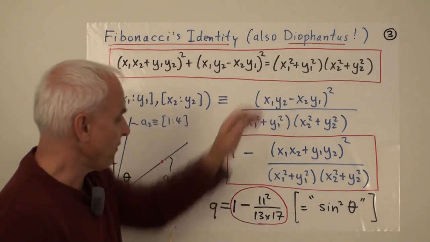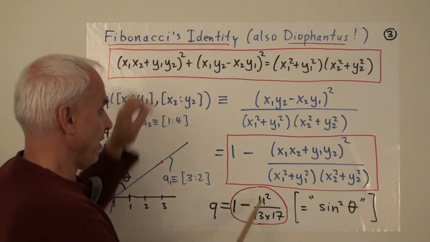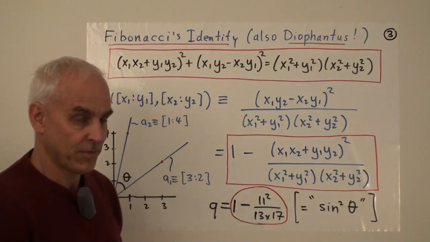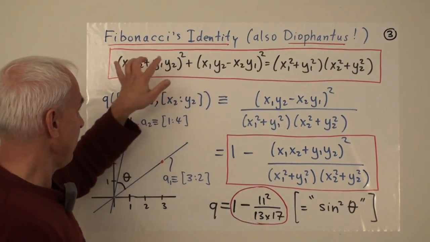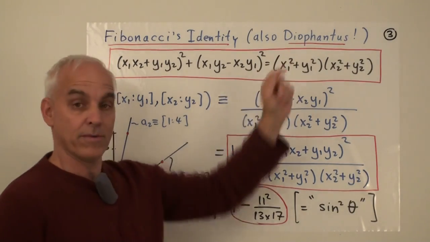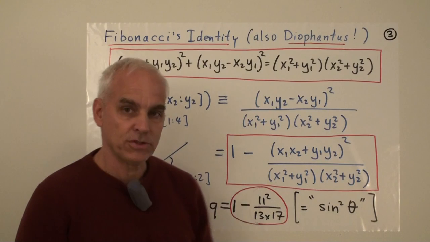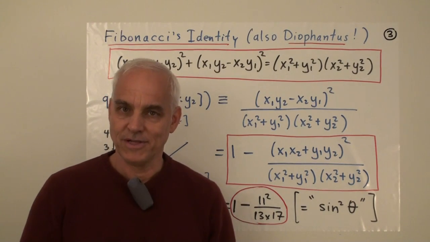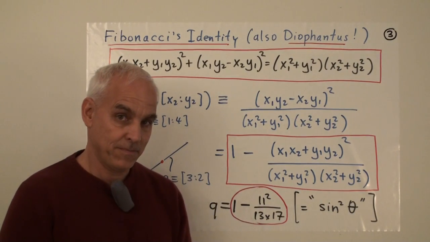So using this formula, we can rewrite that as 1 minus this term divided by the right-hand side. Because if you divide everything by the right-hand side, then this over that right-hand side plus this over that right-hand side equals 1. And this is a very nice alternate way of thinking about this projective quadrance. In fact, we could have also defined it this way.